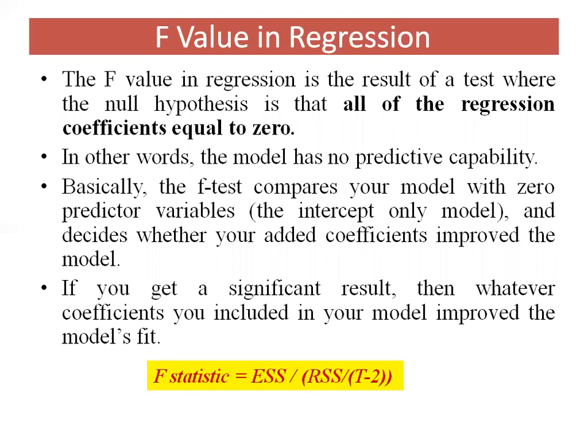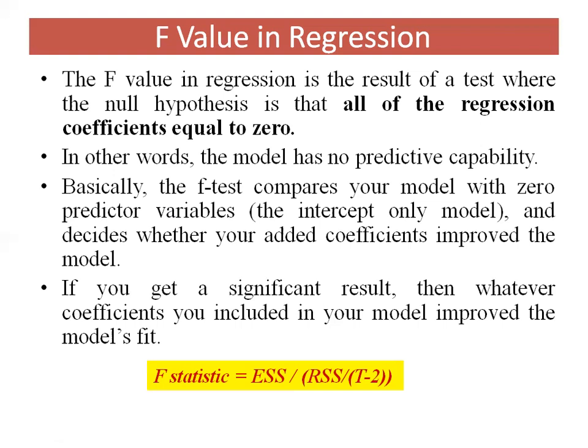The model is not able to predict the variation in y. If you have 10 independent variables and are using them, they are not able to predict or capture the change in y at all. So all the regression coefficients are equal to 0. That is what the null hypothesis is. Basically, in the F test you are comparing a model with zero predictor variables and deciding whether the inclusion of coefficients has improved the model or not.